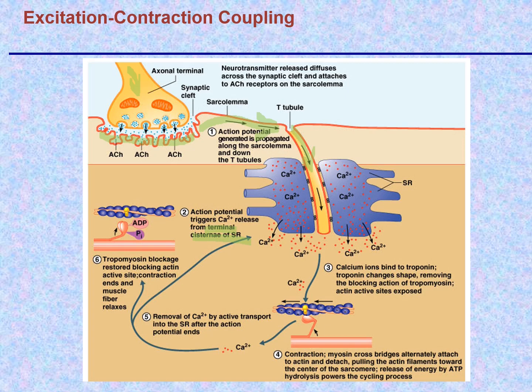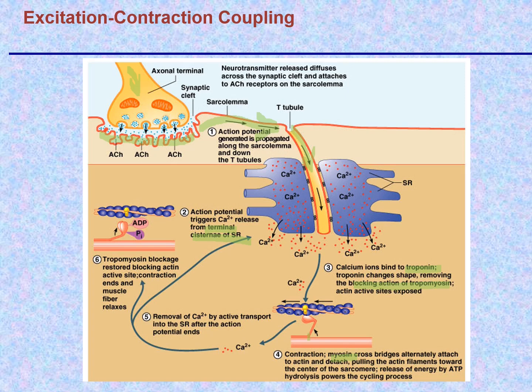And what that does is it binds to troponin, and the troponin will change shape, removing the blocking action of the tropomyosin. And that allows the myosin head to attach.